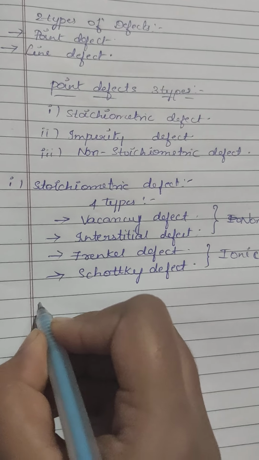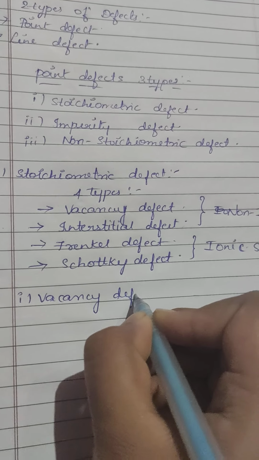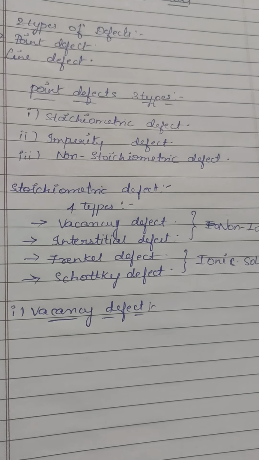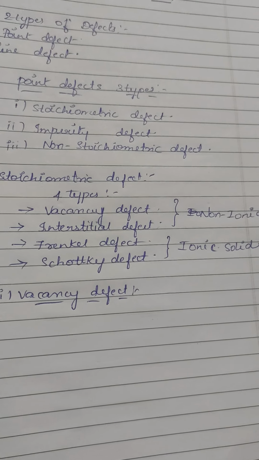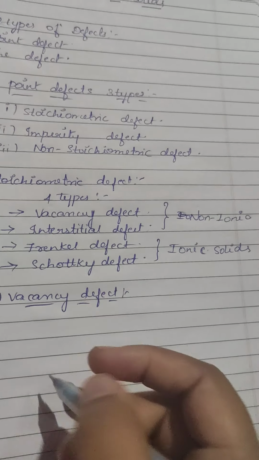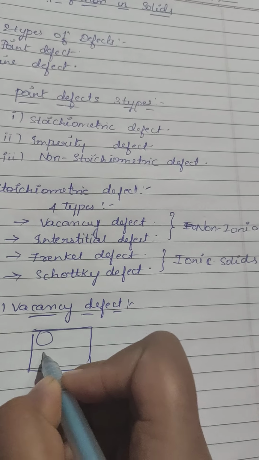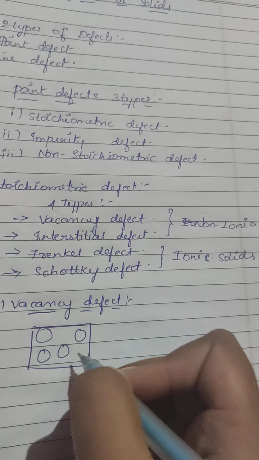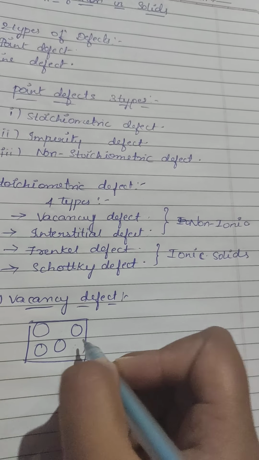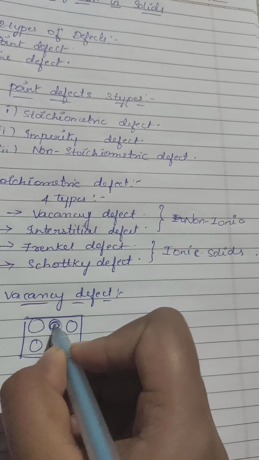The first one is vacancy defect. What does vacancy defect mean? When some lattice sites are vacant, the crystal is said to have a vacancy defect. Means in an arrangement, the particles will be absent in certain places. The particle will be absent, so it will be a vacant space.